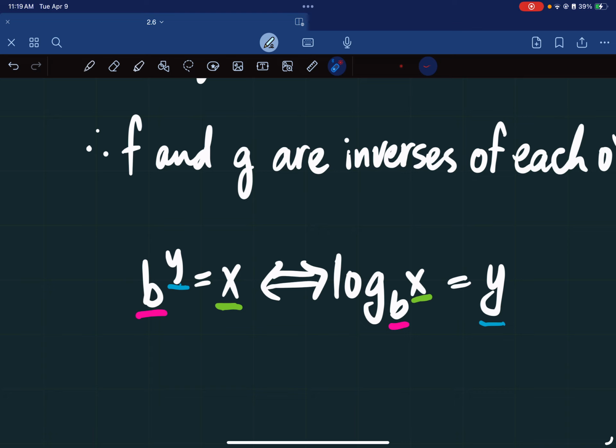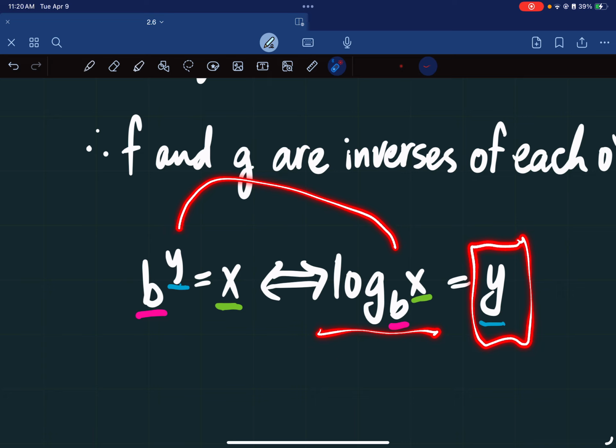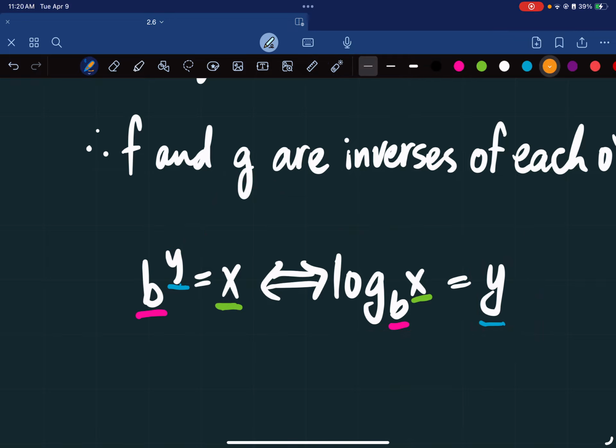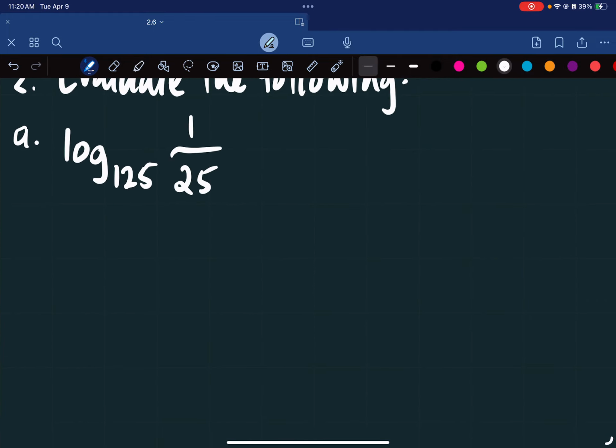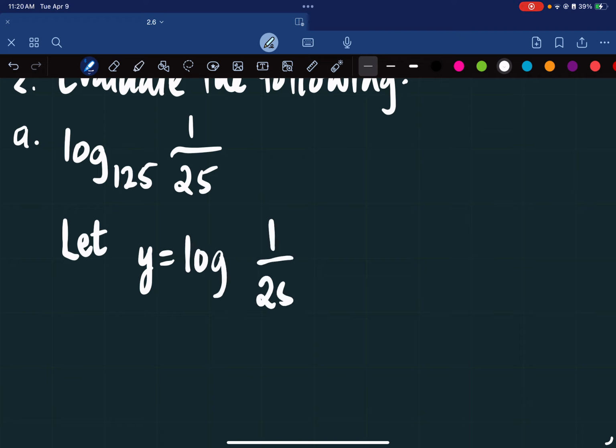So what we can do is equate the logarithm to a certain variable, then convert it into its exponential form, and apply what we know in solving exponential equations. Let's try it for letter A. First step, let y be equal to log of 1 over 25 base 125.